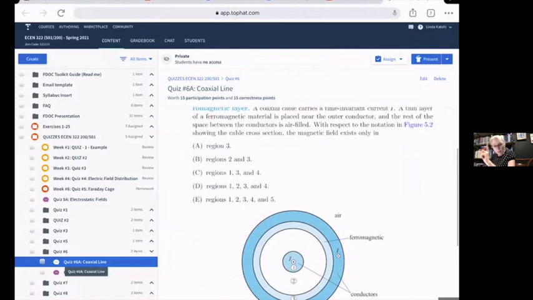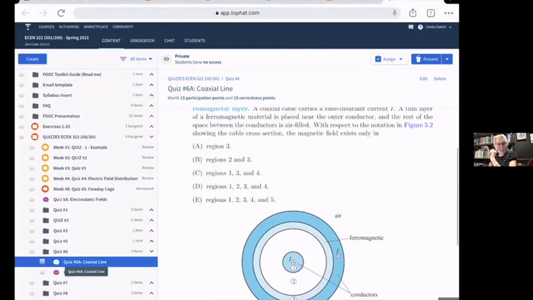It's going to be very similar to the static electric field when we had the coaxial cable with charge. This is going to be an equivalent of a coaxial cable, but instead of charge, which is static, we consider a current.